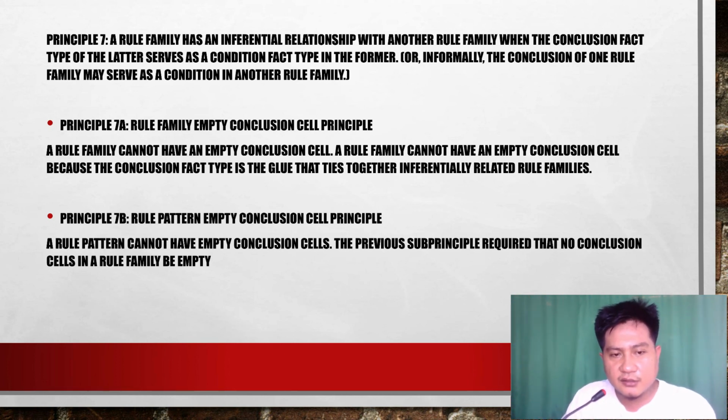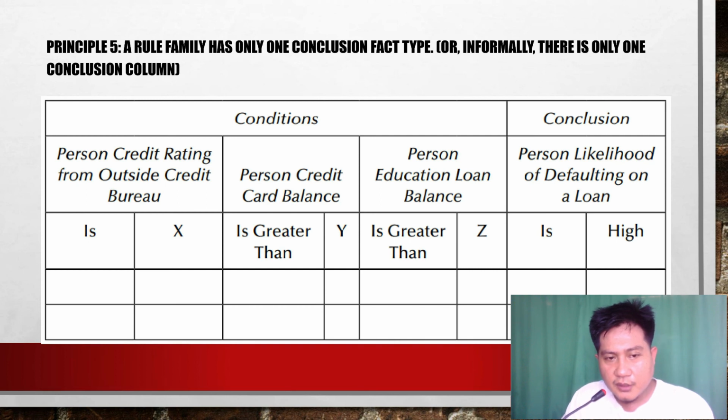If we make an example, say this condition here, the person credit rating from an outside credit bureau, the result of this condition might be the basis of this second condition. Whatever the result of this first condition is will be used here in the second condition, and the result of the second condition will be the basis of this third condition, and the result of that condition will be the basis of this conclusion.